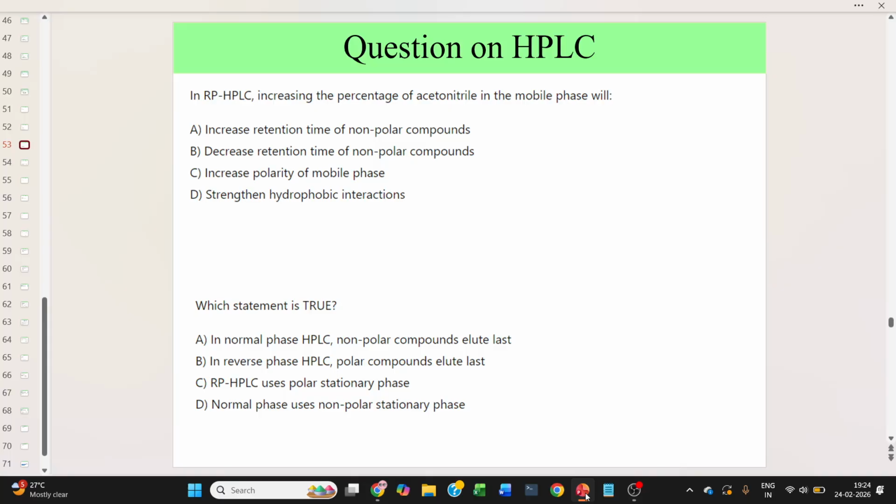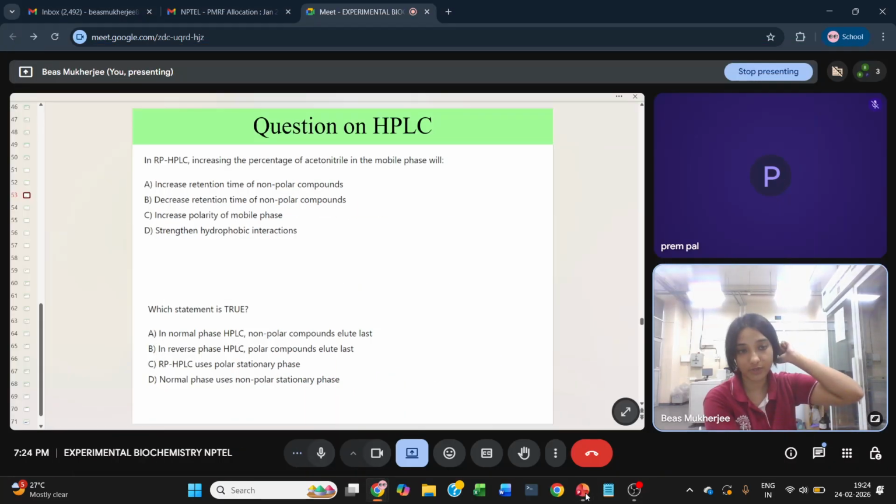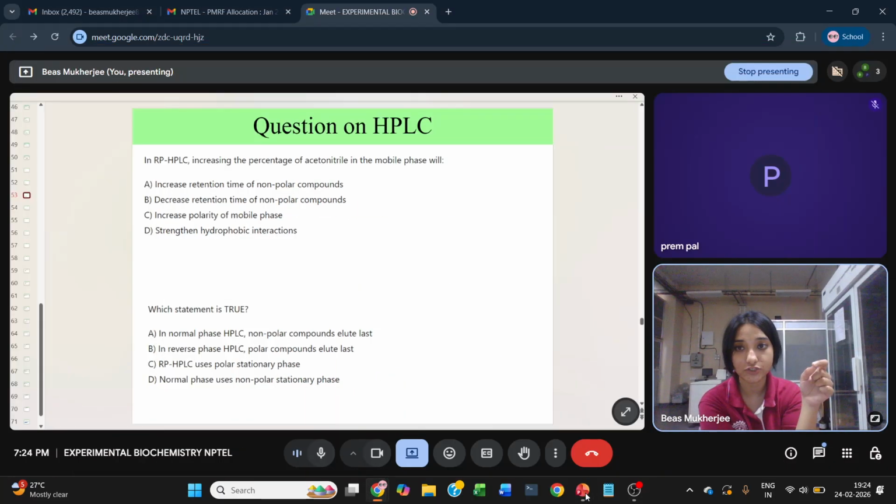Okay, great. Now we have another question. Again, reverse phase HPLC. Increasing the percentage of acetonitrile in the mobile phase will increase the retention time of the non-polar compounds, decrease the retention time of the non-polar compounds, increase the polarity of the mobile phase, strengthen the hydrophobic interactions.